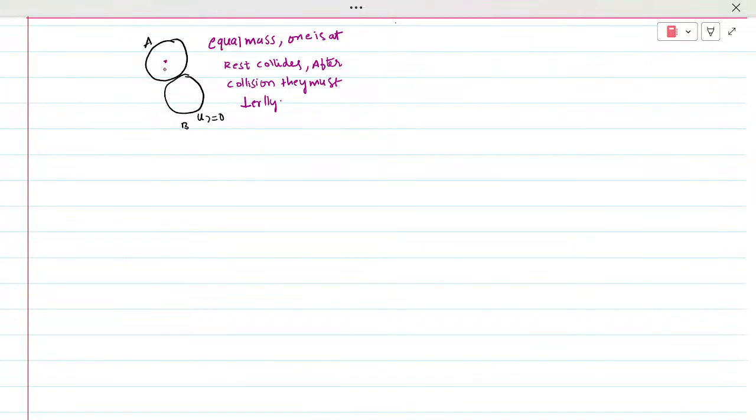So A is colliding with B. The velocity given is 10 meters per second. Now after collision, B block will continue along the common normal, and A block will move along this direction.